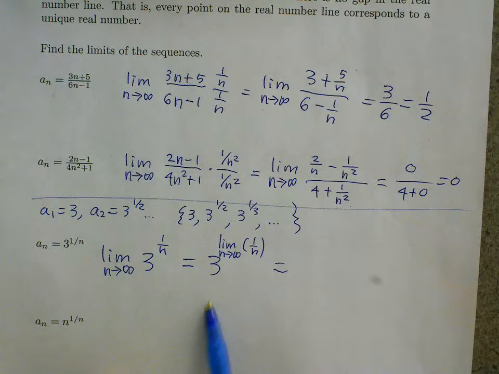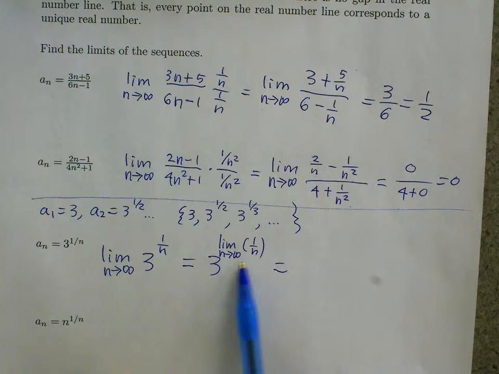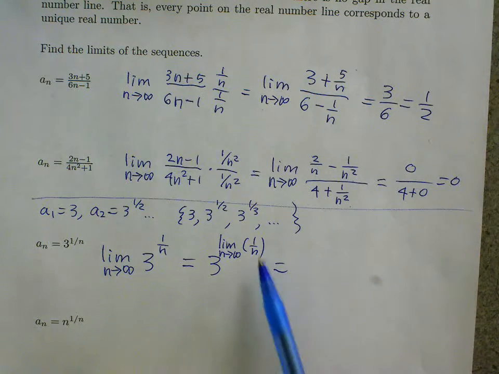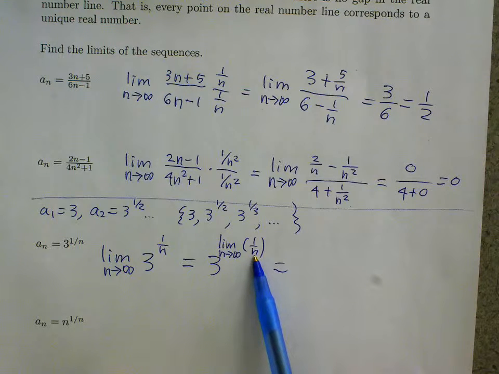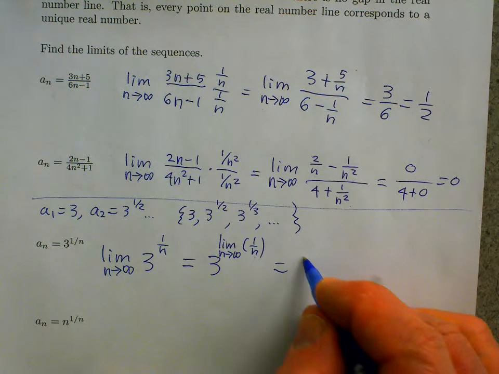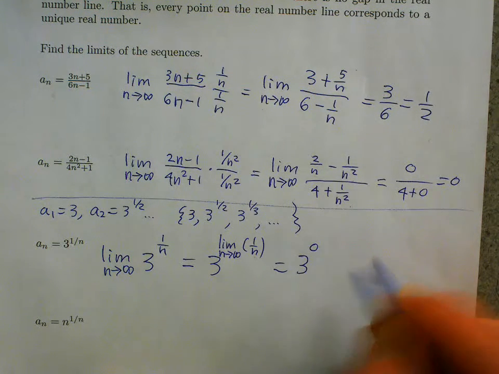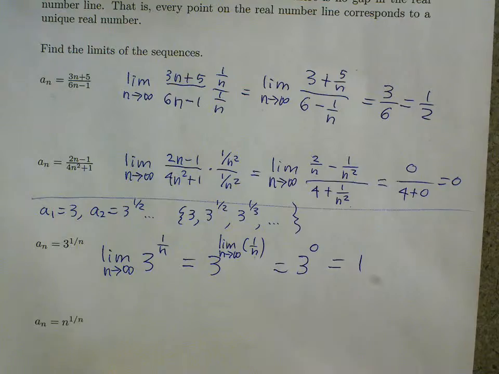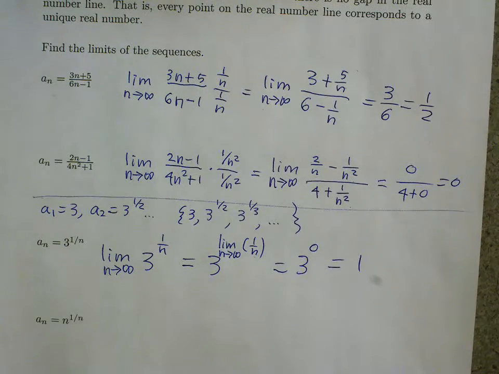Something that you may have seen in Calc 1. And then the limit of 1 over n as n approaches infinity is 0. Right? As n gets large, the denominator gets large, which means 1 divided by a large number gets close to 0. So this is 3 to the 0, or 1. So the limit of that sequence is 1.